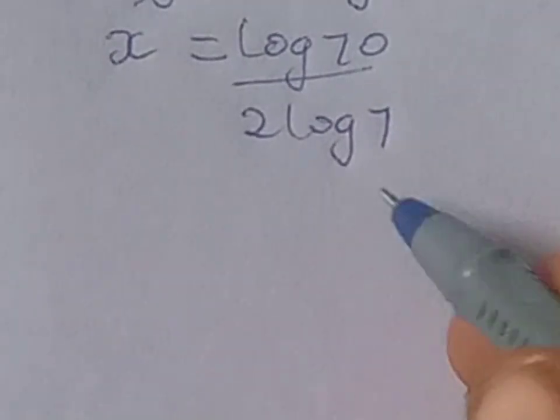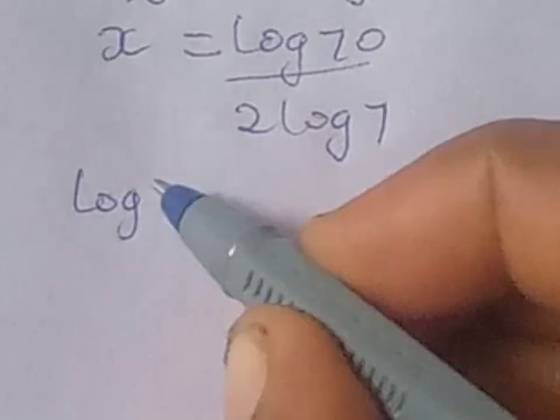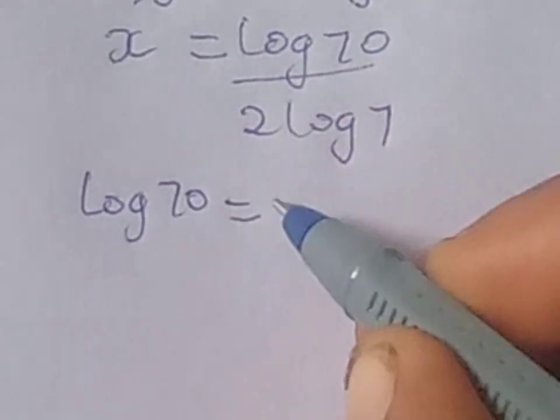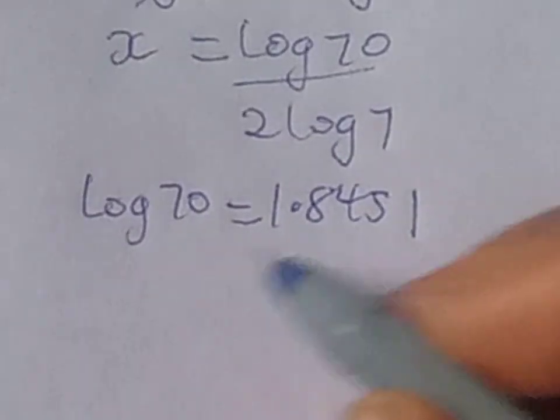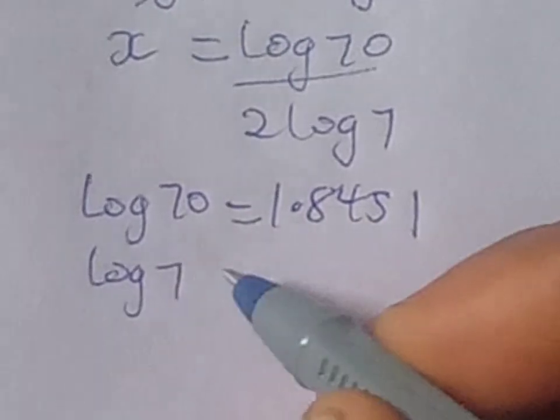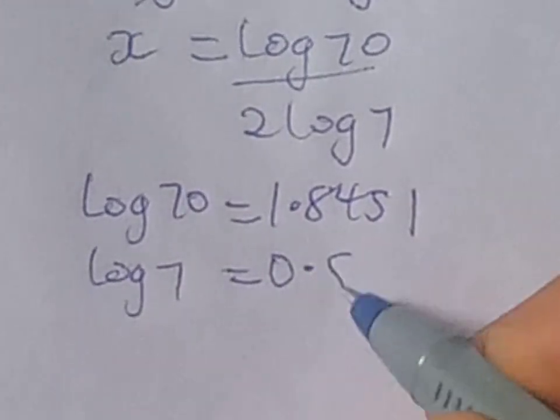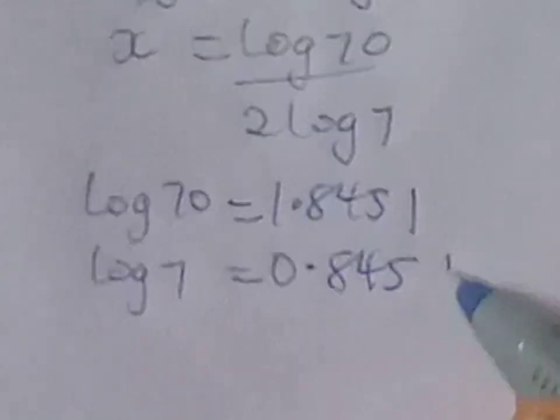Using common logarithms, log 70 will give us 1.8451, and log 7 will give us 0.8451.